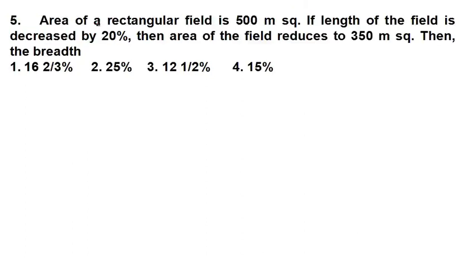Good question. Area of rectangle field is 500 meters square. If length of the field is decreased by 20%, then it is said that area reduced by 350 meters square. Guys, look here. We know that area equal to length into breadth. It is written that area is 500 meters square.